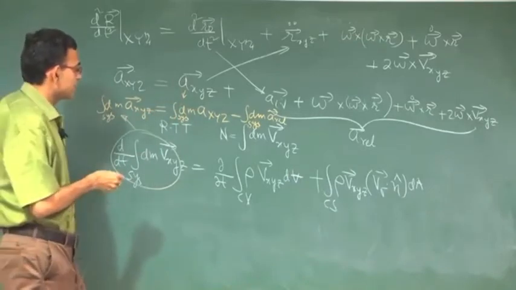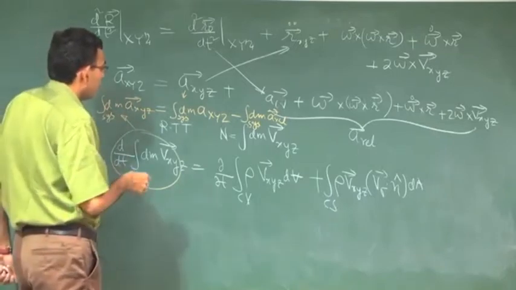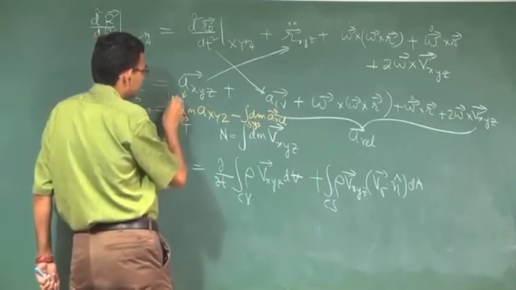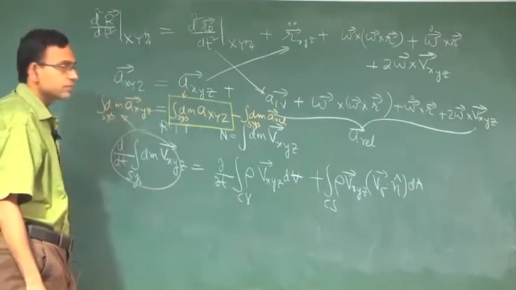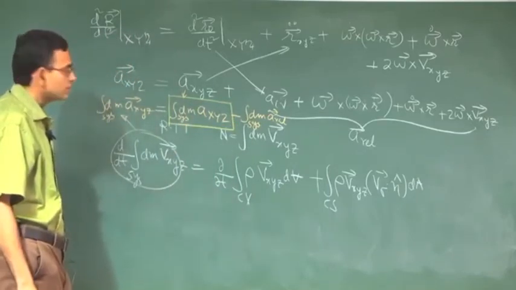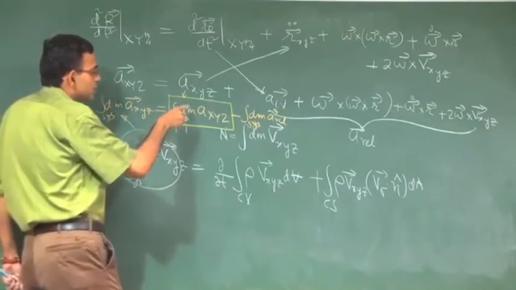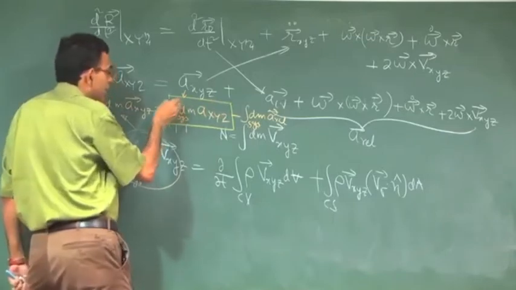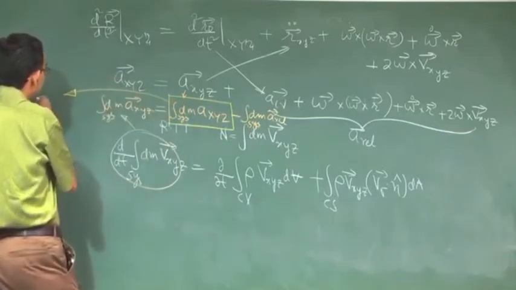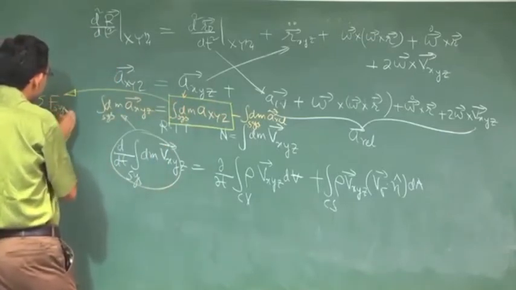So now what is this? This is the resultant force acting on the system. Because this is a control mass system, we can apply Newton's second law directly. So this becomes resultant force on the system.